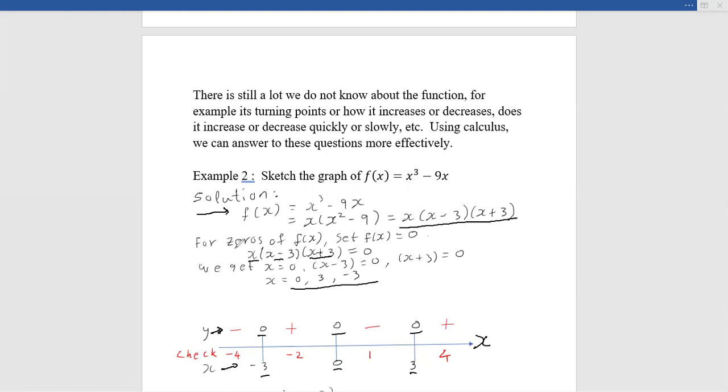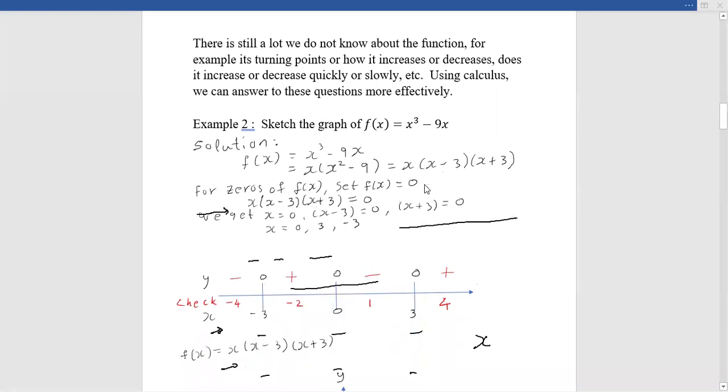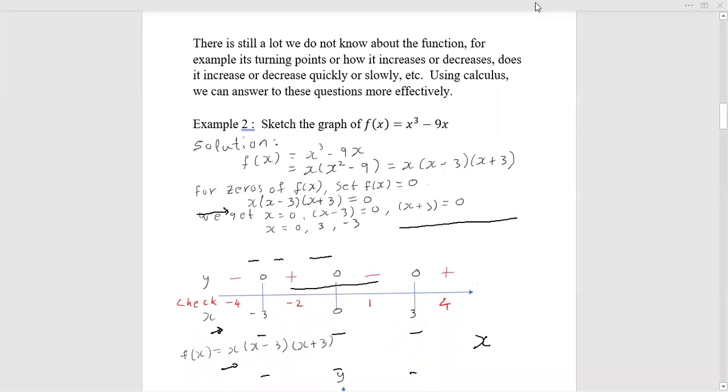Now, to determine that, I use these check values. I showed those check values in red. Less than negative 3, I use negative 4. Between negative 3 and 0, I use negative 2.